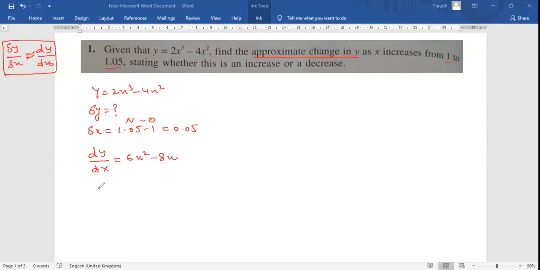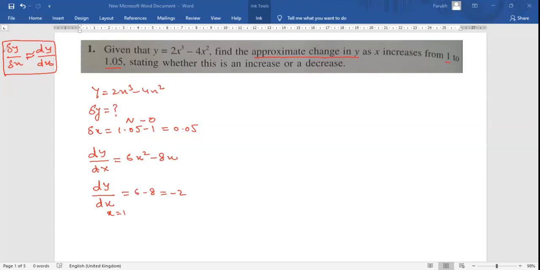Now we will put the original value of x into the derivative. Original value is 1 and the changed value is 1.05. So, we will put x is equal to 1 and this one is 6 minus 8 is equal to minus 2.